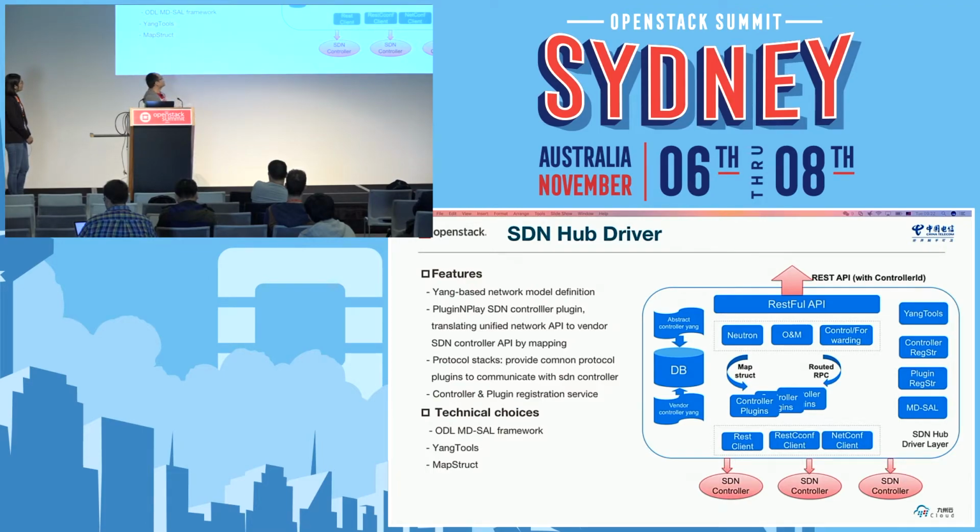So just look at the SDN Hub SDN controller. We will have the northbound API, that is a RESTful API. Under the RESTful API are our models, such as Neutron models, the operation and maintenance models, and some controller and forwarding models. And at the heart of the system is our controller plugins framework.